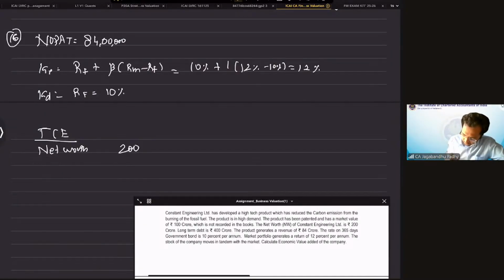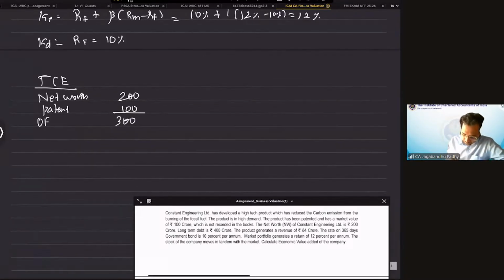But one thing we need to also take into account is the patent. Patent is something the company has generated and that will be added to our net worth. So owned funds will be considered as 300, right? And you have the borrowed funds as 400. So total capital employed will be 700.